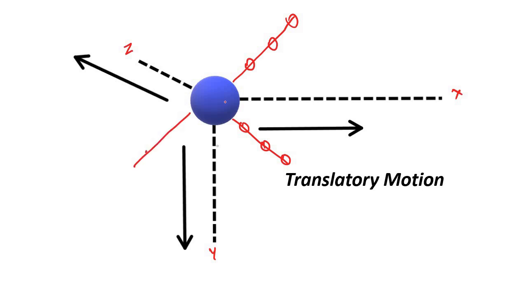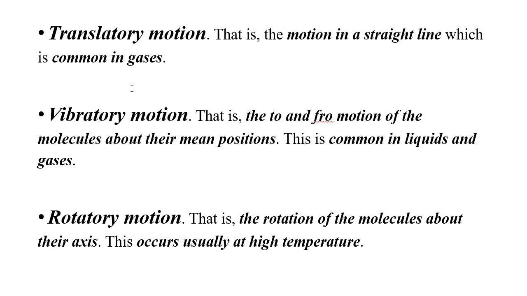Likewise it can also move in this direction. I introduced the axis thing so that you can get a better picture. So its motion is restricted only in one direction, in a straight line, that is translatory motion, and it is common in gases.